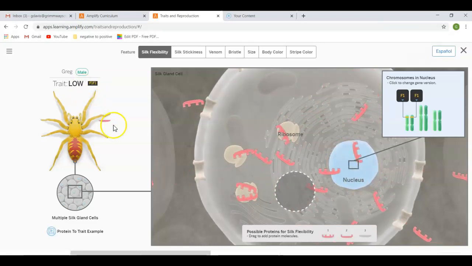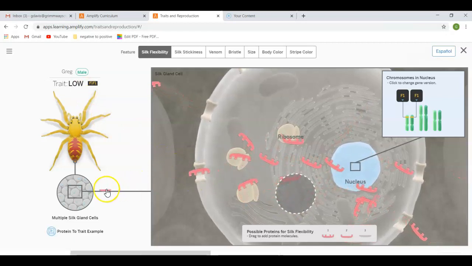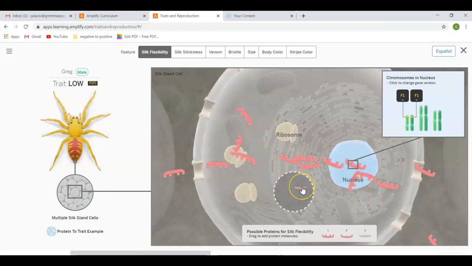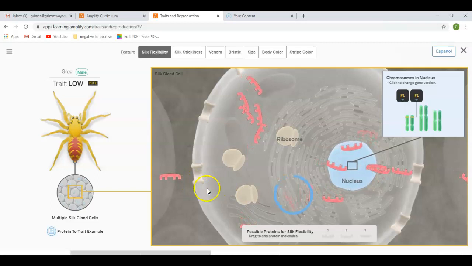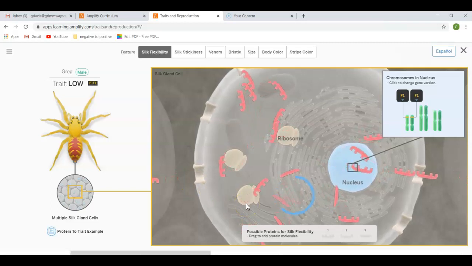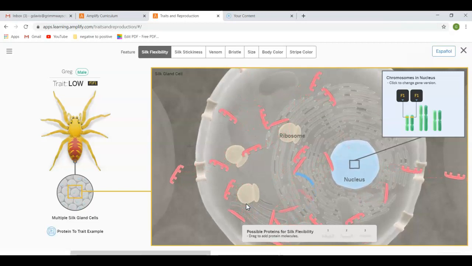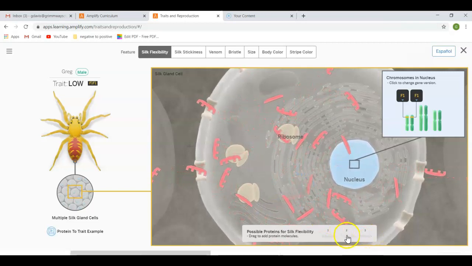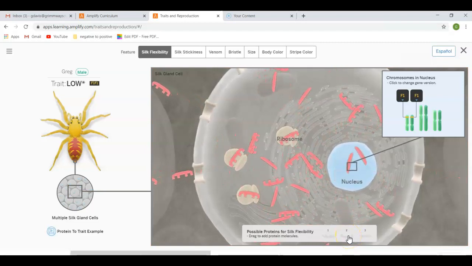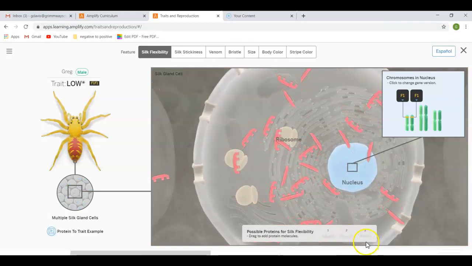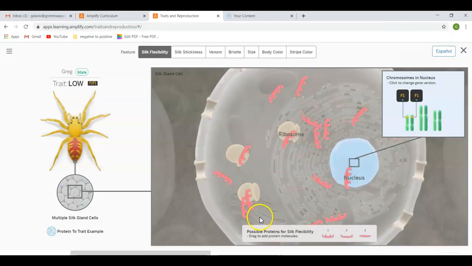So now he's at a medium, and now the 3 is being produced. He went back to low. Oh, I forgot to add it. Okay, so here's this one. What happens when I add a 3 protein? So it looks like he still stayed at a low so far, so nothing much has happened.